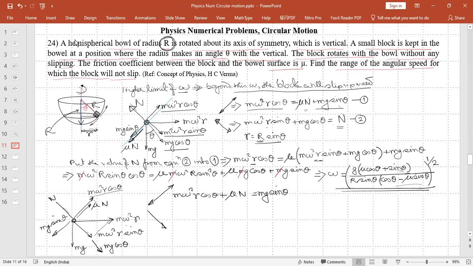And if we consider the forces perpendicular to the incline, then we have this normal N is equal to mg cos theta plus the component of m omega square small r.